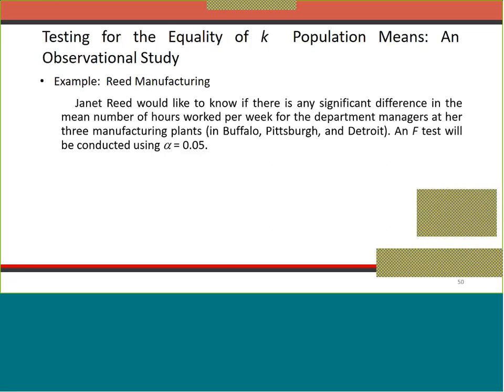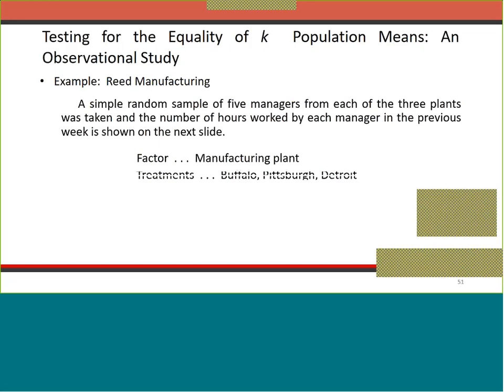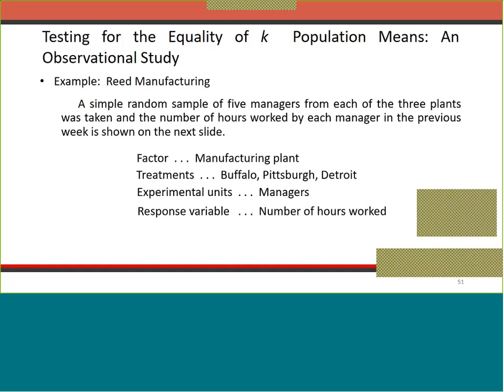An F test will be conducted using alpha equal to 0.05. A simple random sample of 5 managers from each of the 3 plants was taken, and the number of hours worked by each manager in the previous week is shown on the next slide.